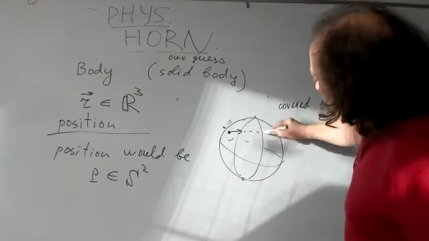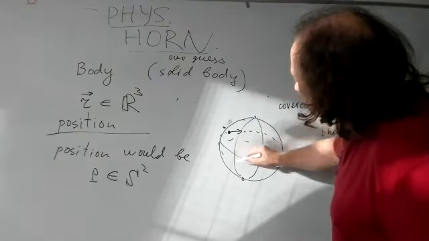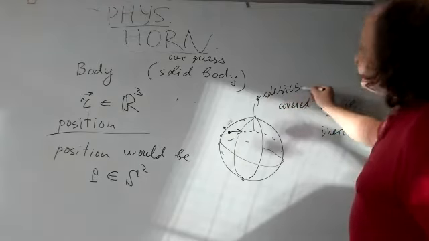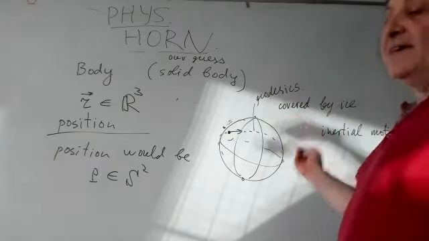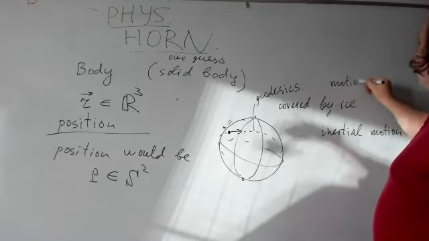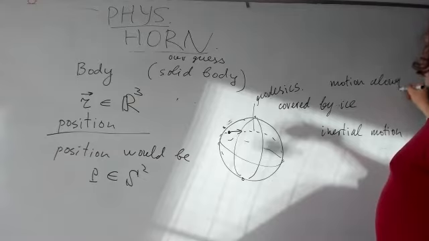You need to pick a geodesic, and the inertial motion would be motion along the geodesic at constant speed.